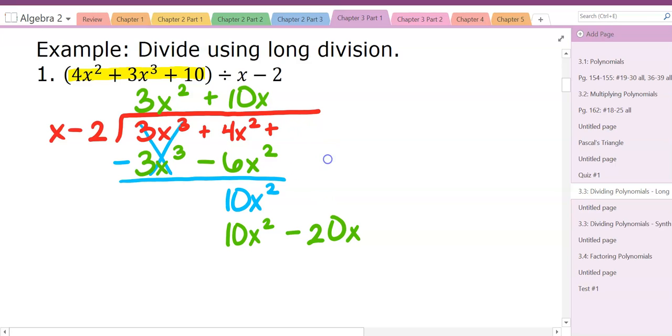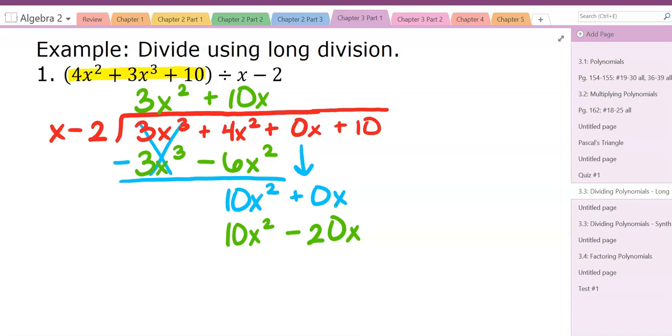Right in between the 4x squared and the plus 10, I'm going to add in a 0x, just to hold that place, and then have a plus 10. So instead of bringing down that plus 10 right away, I'm going to bring down the 0x so that it makes a little bit more sense when you subtract.